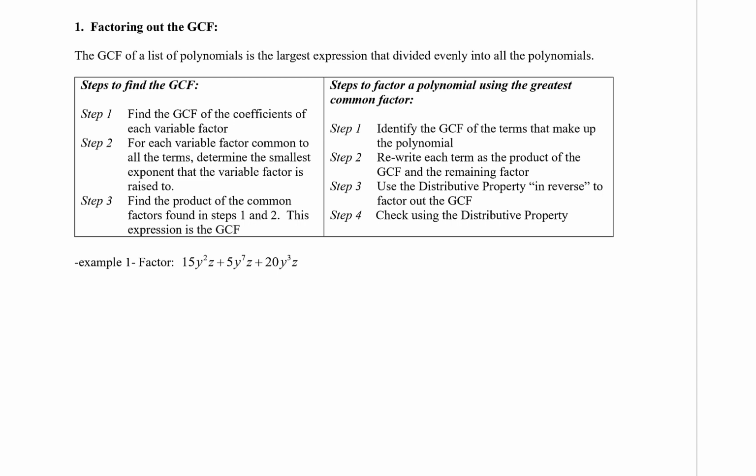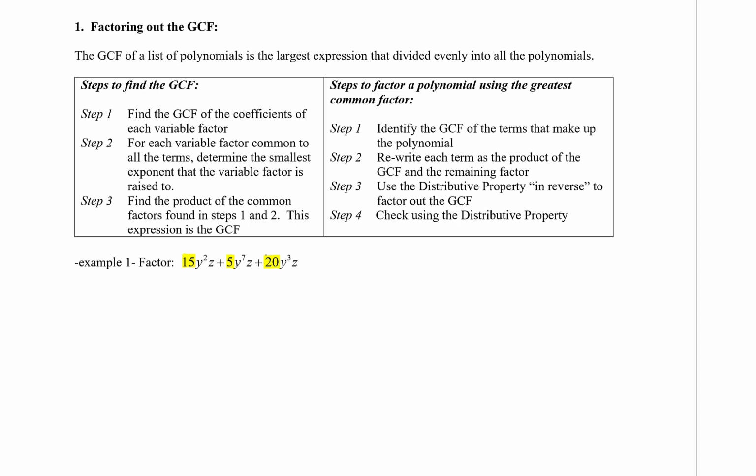I'm going to go ahead and highlight those in yellow so they really stand out. So I'm going to start off by highlighting the 15, and I'm going to highlight the 5 and then the 20. So the GCF of those three coefficients is going to be 5 because 5 is the largest number that could divide evenly into all three of those coefficients.